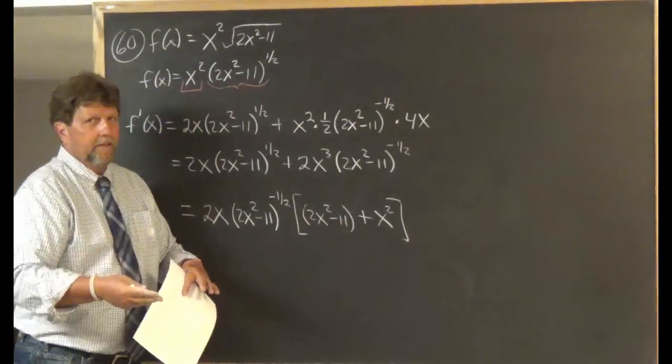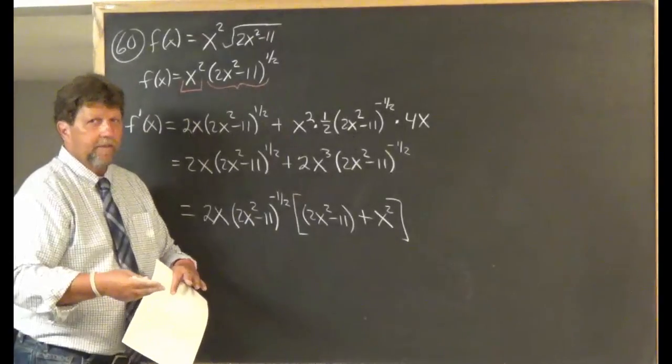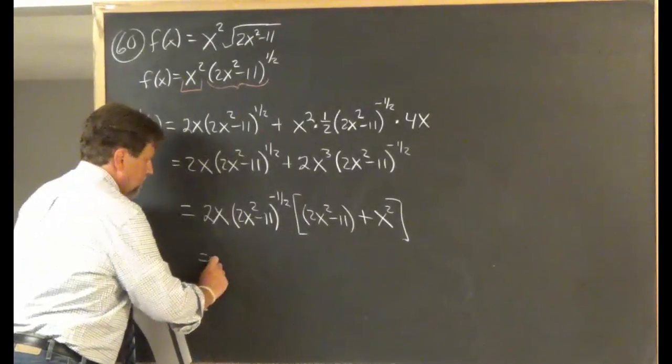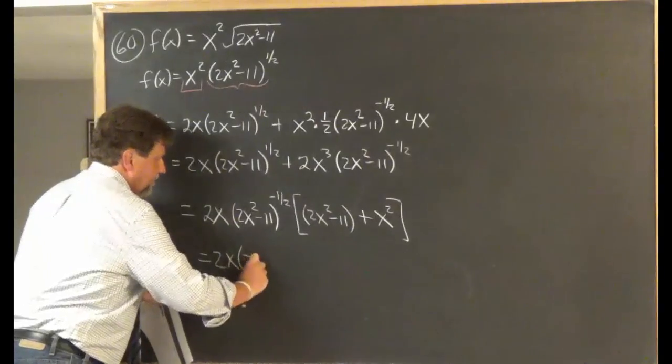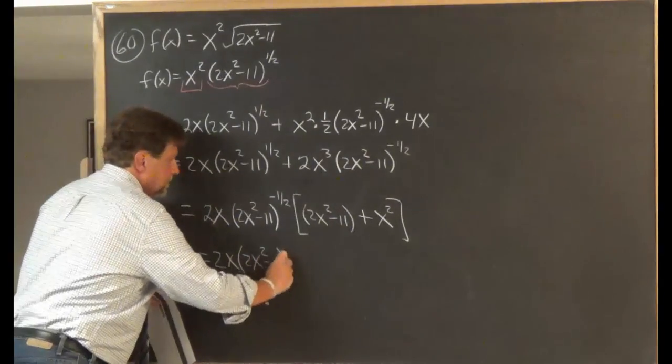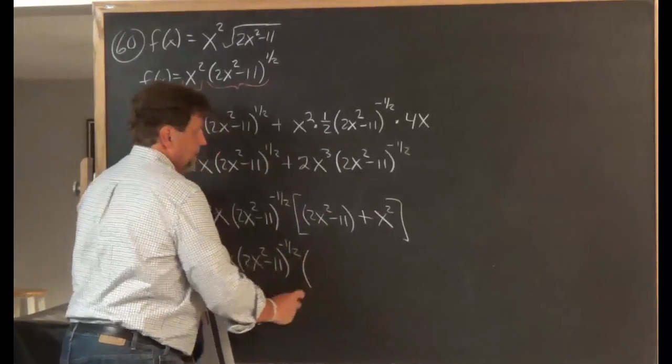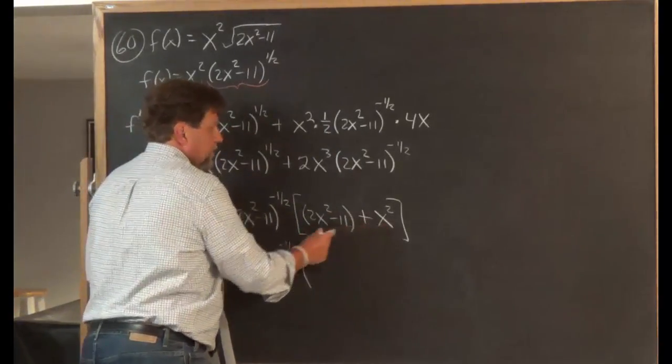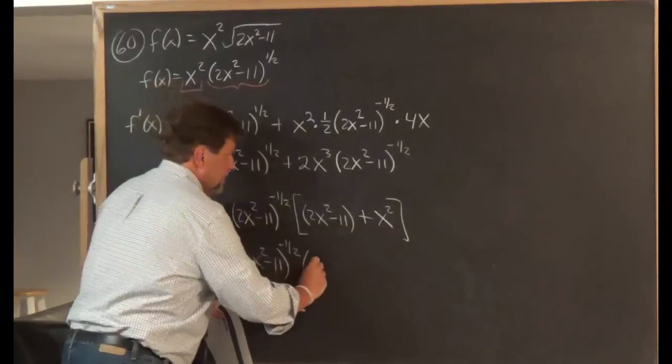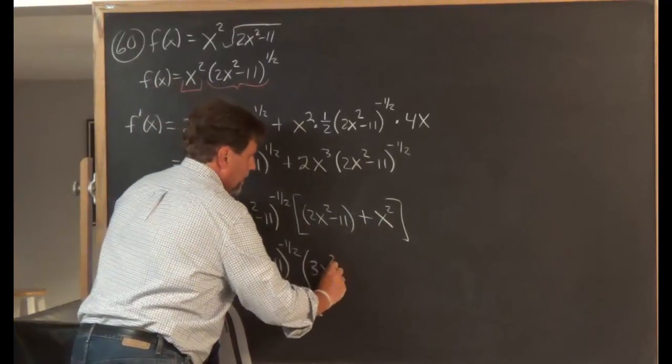Well, since I've done all this work, I might as well go one more step and finish it off. And that's to take care of stuff in the square brackets. Turn it into parentheses now. You can combine like terms. 2x squared plus x squared is a 3x squared.